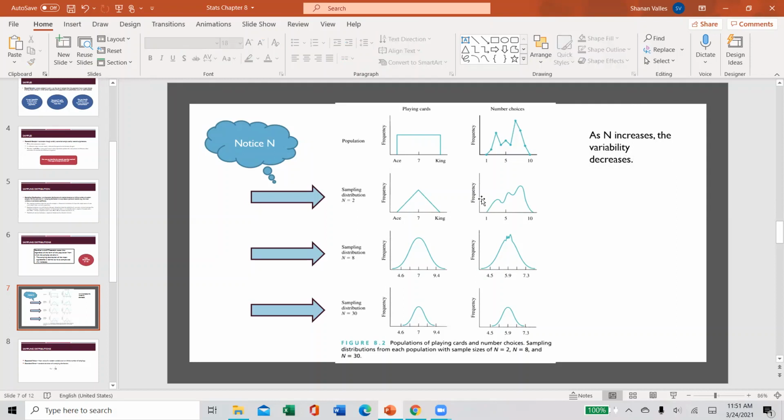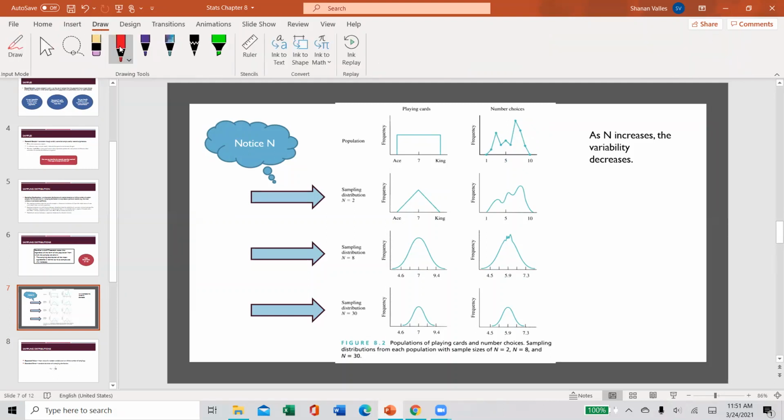And so you'll notice right here, let's look at this one because these are actual numbers. So the range, we can use the range in this one because it's just 1 to 10, right? So our range here is 9. Okay, and we know range is a measure of variability. So we could say this range was 9. I'm going to write it.